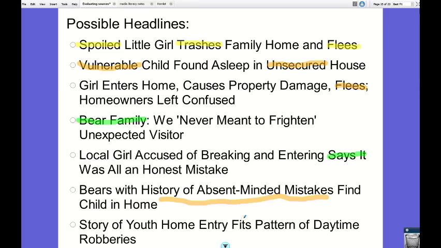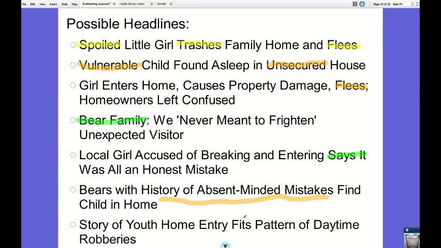Or maybe the neighbors tell us that the bear family frequently leaves their car in the driveway with the key in it and the car running. There are certainly examples of this that an article could include that would justify that statement.